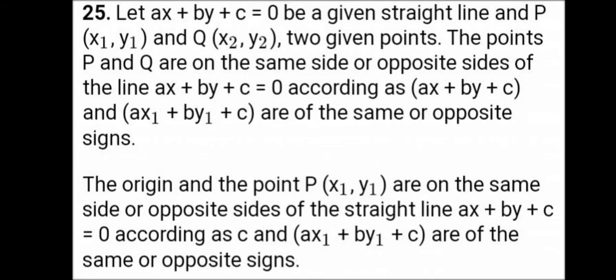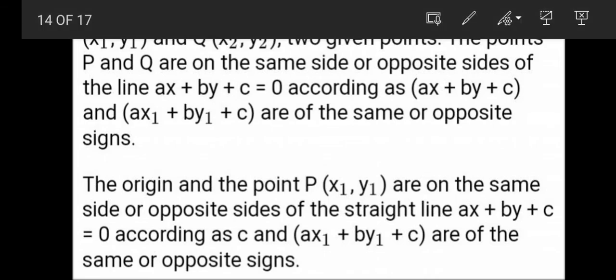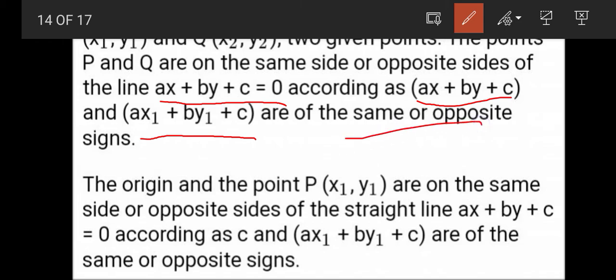The points P and Q are on the same side or opposite sides of the line ax + by + c, according as ax1 + by1 + c and ax2 + by2 + c are of the same or opposite signs.